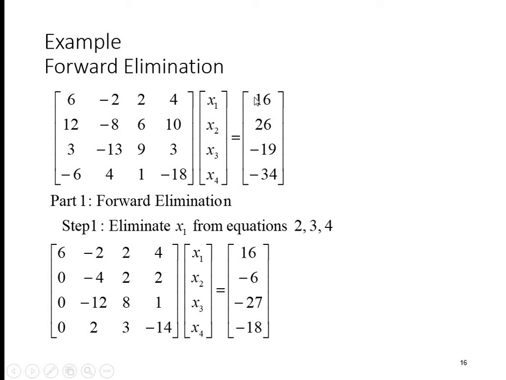Minus 2 times 16 is minus 32, plus 26 gives us minus 6. That is for the first equation, which is row 2.